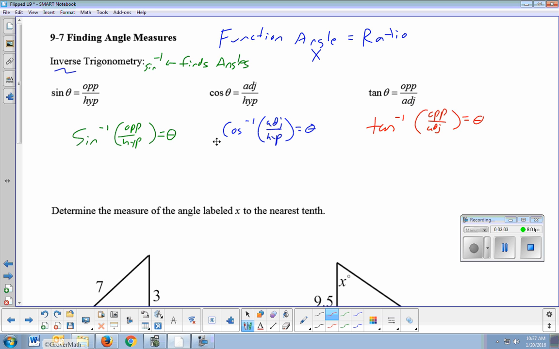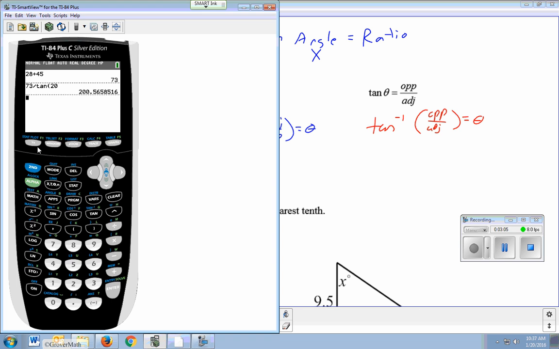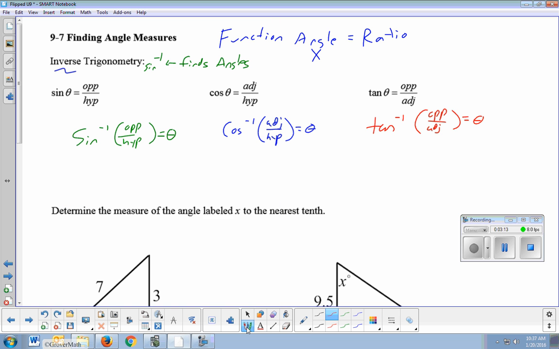And basically, to get all these inverse functions, we have to type the second key in our calculator. Second sine gives me inverse sine, or second cosine gives me inverse cosine. And so what you need to remember when it comes to trigonometry is that the second key is used for finding angles.